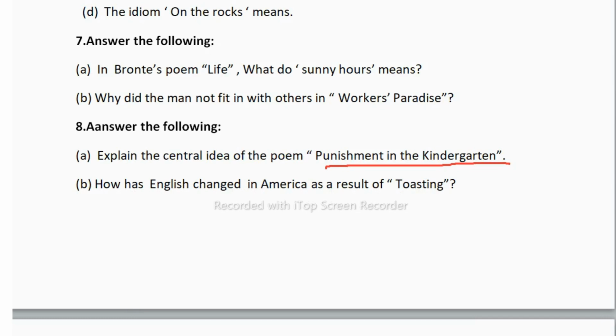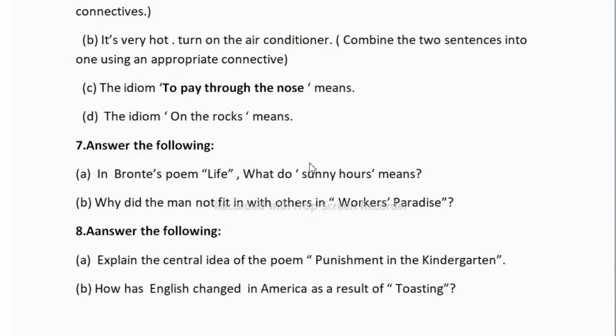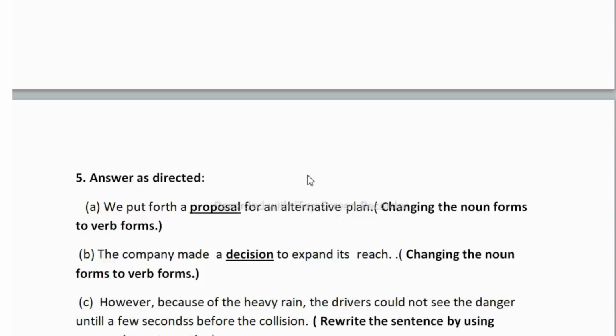So the answer is that much of the formalism surrounding the use of English has been abandoned, and in America they have freed the language from formal usage, means they avoid the passive voice and use the active voice, which is easy. So this is all about section A. Out of these 8 questions you have to answer any 5.